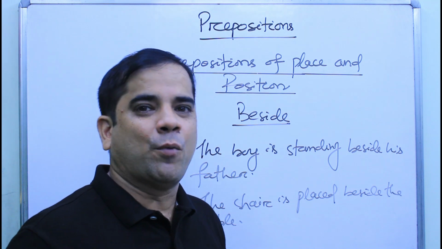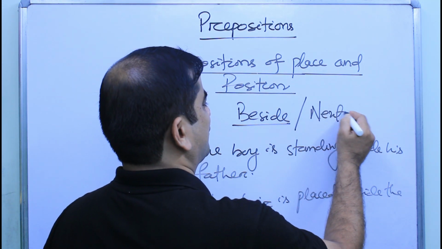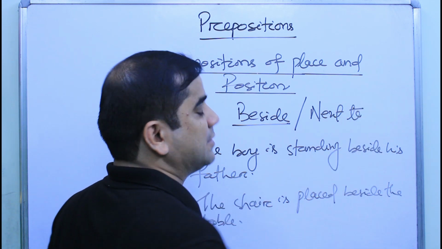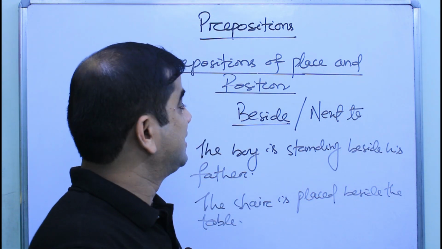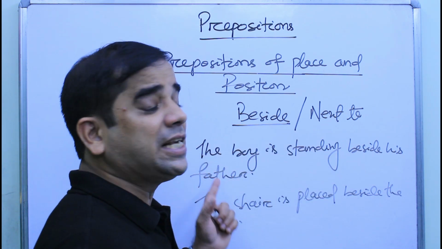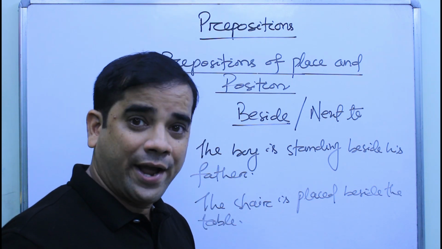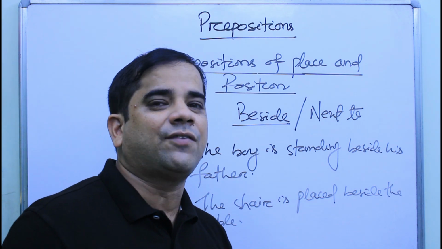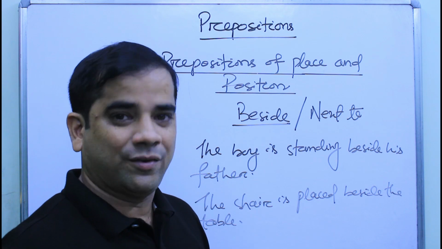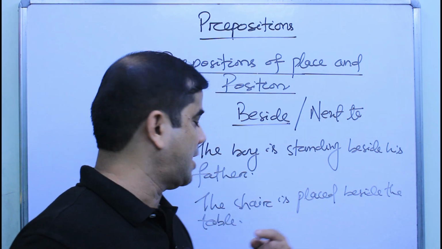There is another preposition which is next to. Just try to understand the difference. If I say the boy is standing next to his father, that means the position of the boy is after the father, not before. The same way, the chair is placed next to the table.